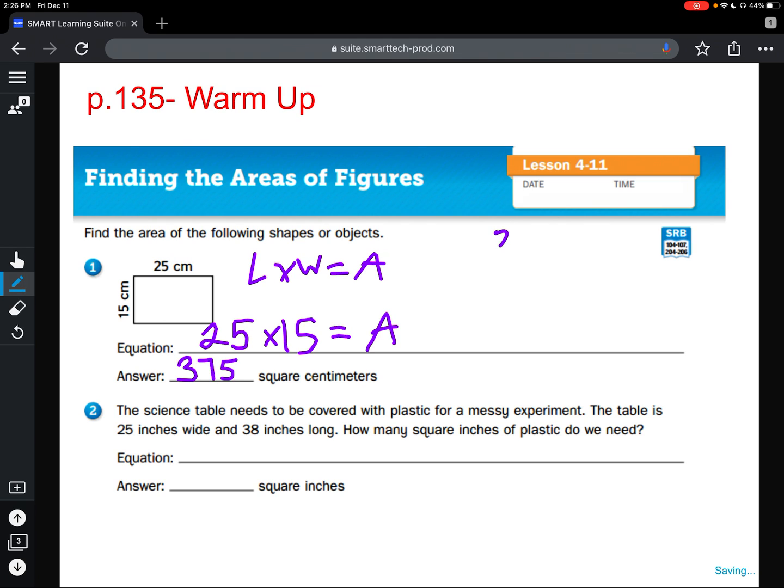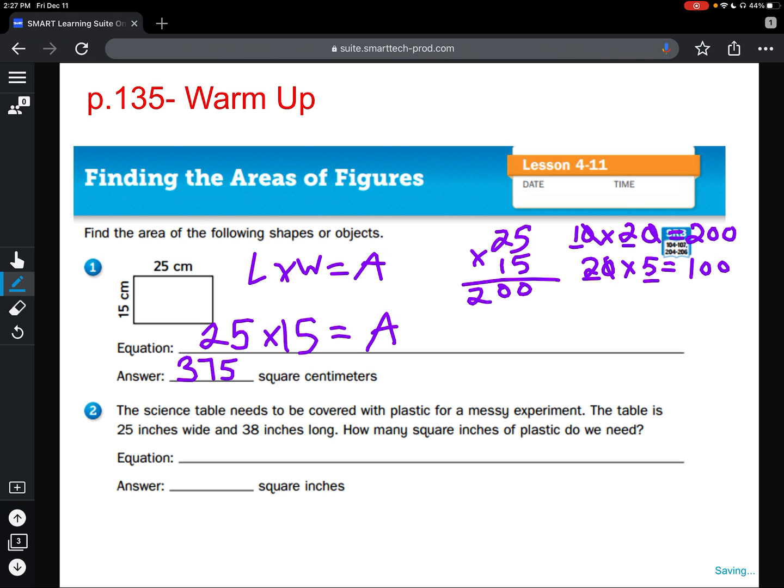I could use partial products to solve my answer here. First, I would do 10 times 20, which gives me 200. Then I would do 20 times 5. Oh, I can't forget to write this down here. 20 times 5, which gives me 100.